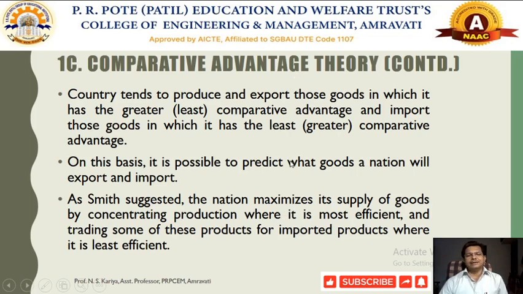On that basis, it is possible to predict what goods a nation will export and import. Say, for example, India is a land of agriculture, so we have maximum agricultural production of food grains, and the excess food grains we can export as goods and commodities.